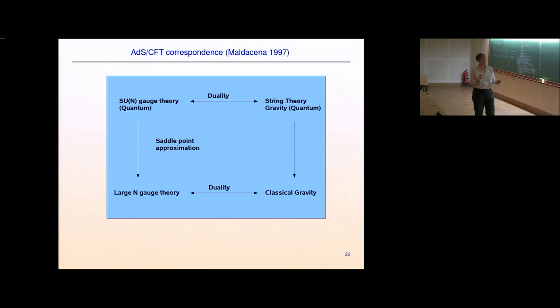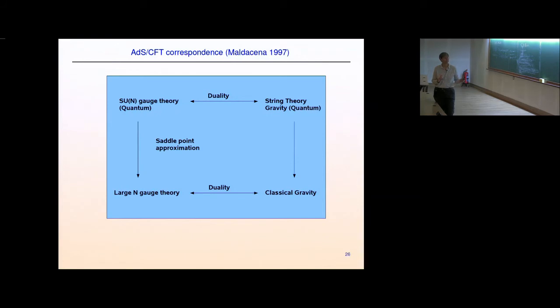The second thing is that in doing the saddle point approximation, I take the so-called 't Hooft coupling, which is essentially a variant of the gauge theory coupling for a large N theory, to be large. So here we have our strongly coupled large N gauge theory. And taking this 't Hooft coupling to be large means taking the strings to be point-like on this side.